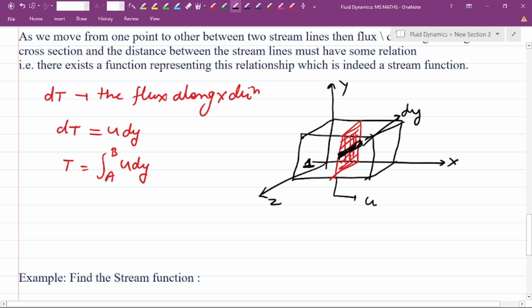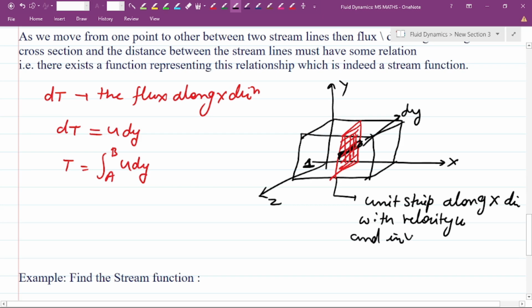What is this? It is the unit strip along the x direction with velocity u, and if it is in the y direction, then the velocity will be v.